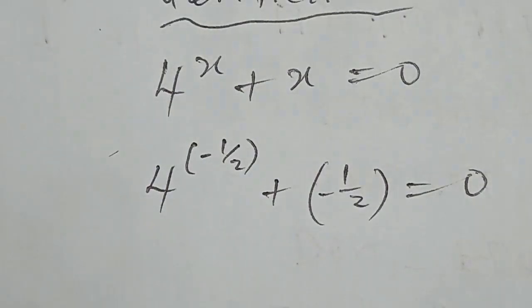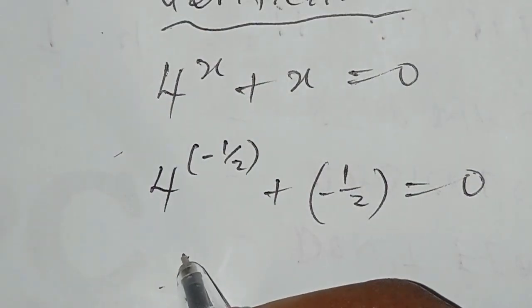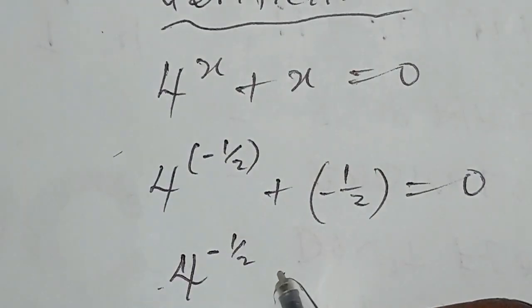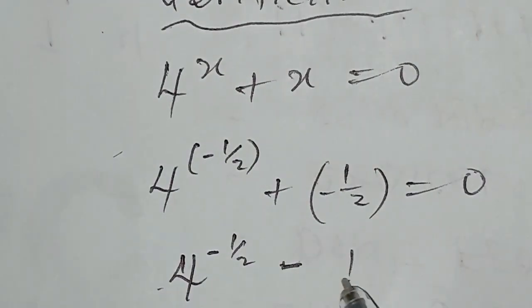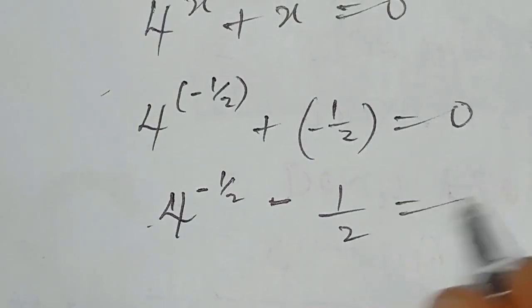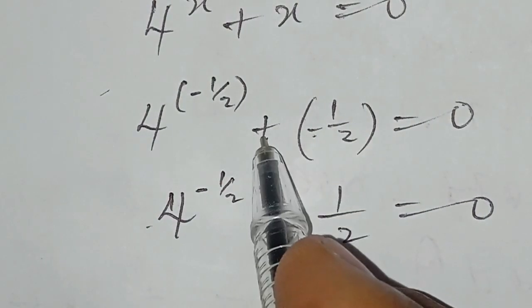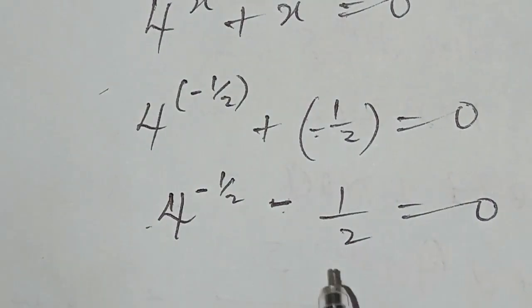So this gives us 4 to the power of minus 1 over 2, then minus 1 over 2 equal to 0.